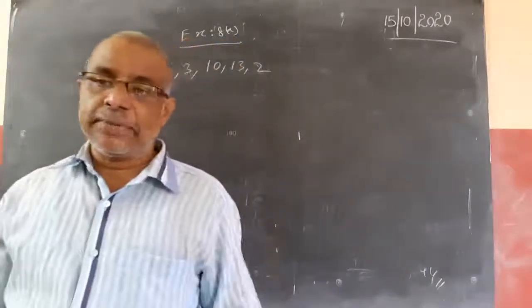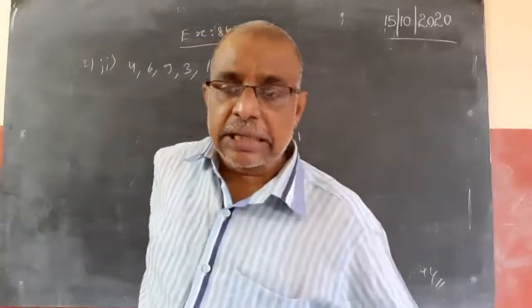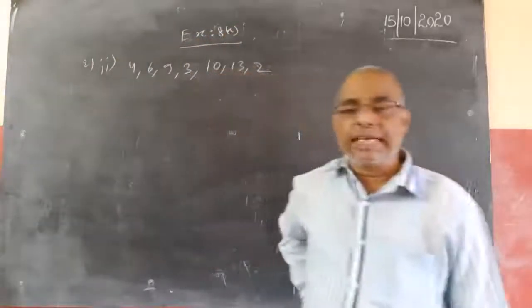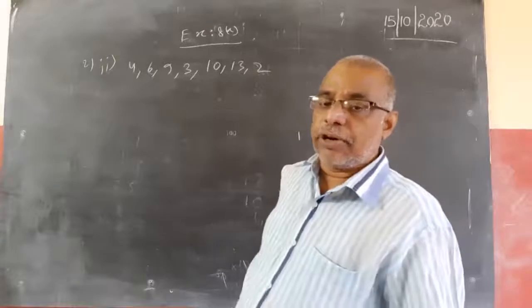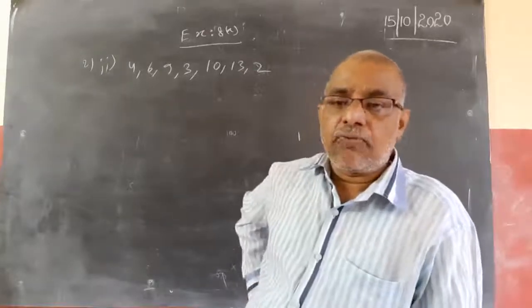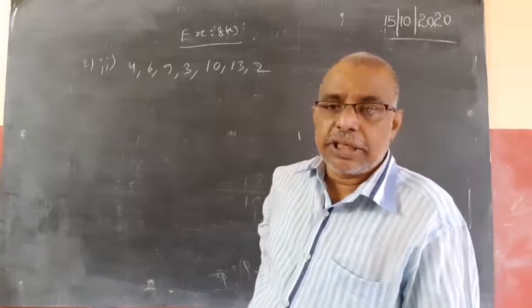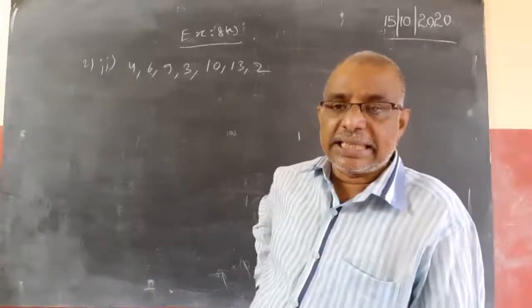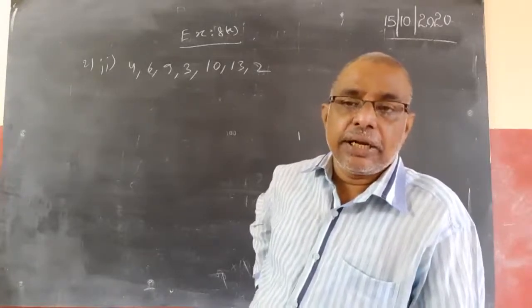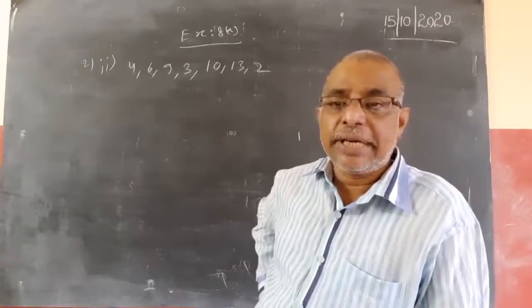First we need to find the median. From your 10th class, you learned the median. How to find the median of ungrouped data? First you need to arrange the given data in ascending order. Then the middle value is called the median.